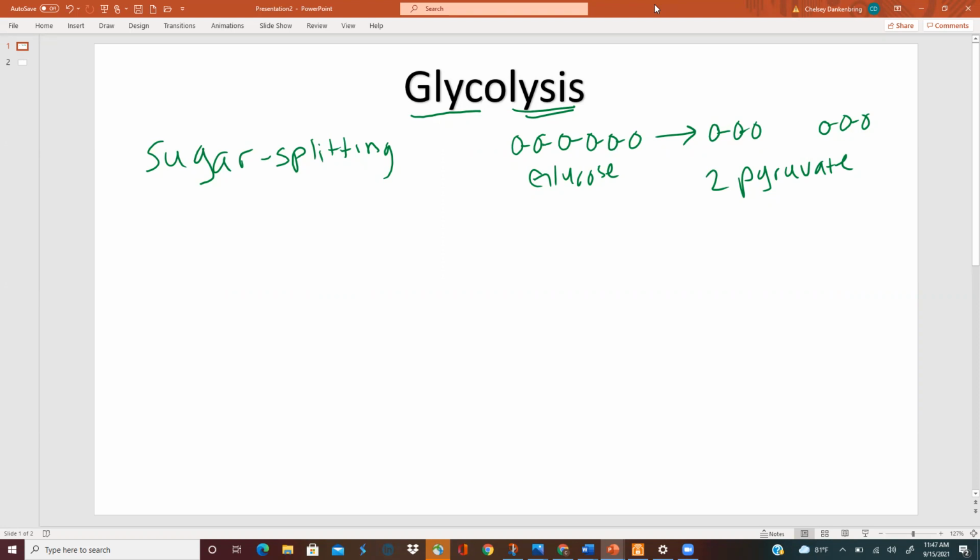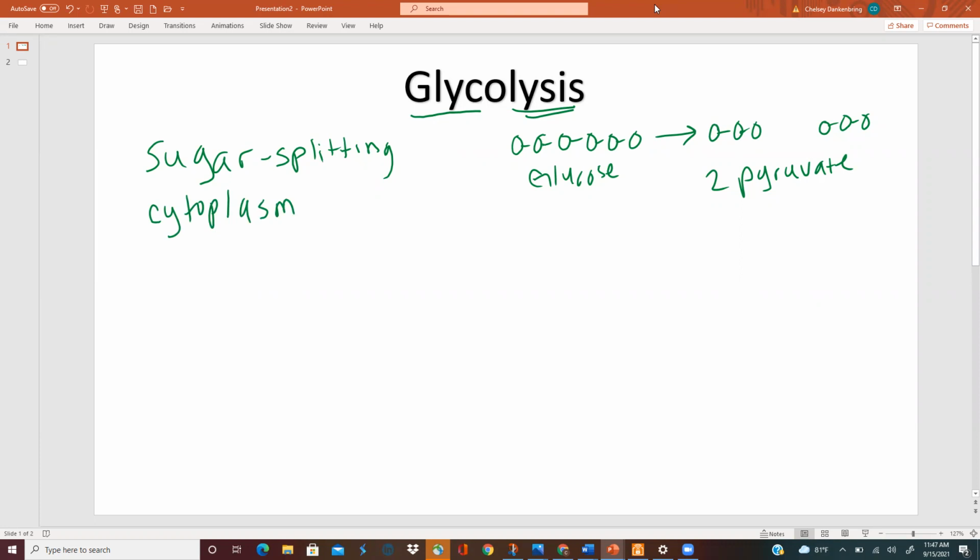Remember, y'all, that energy is stored in the bonds of molecules. As glucose is broken down in 6 or 7 steps, we're going to be extracting the energy from those bonds by capturing electrons in the process. Before we dive into the details of glycolysis, let's talk about 2 important facts. Glycolysis happens in the cytoplasm of all cells, prokaryotes and eukaryotes.